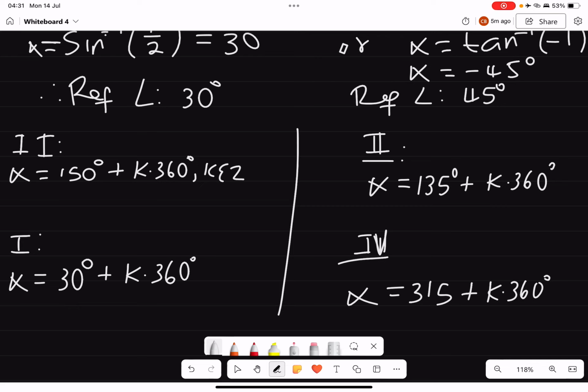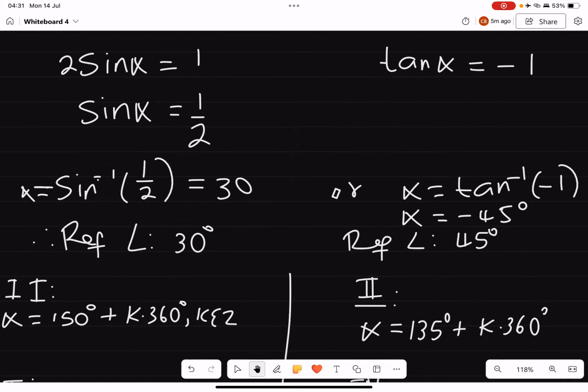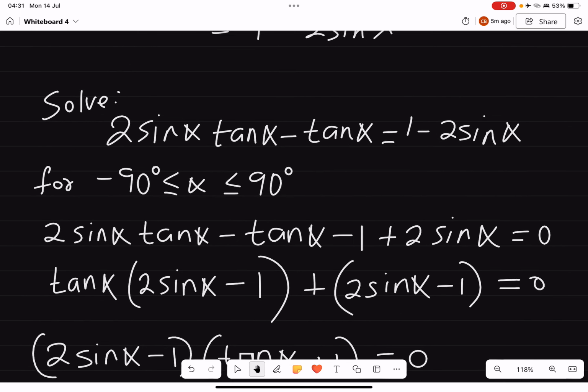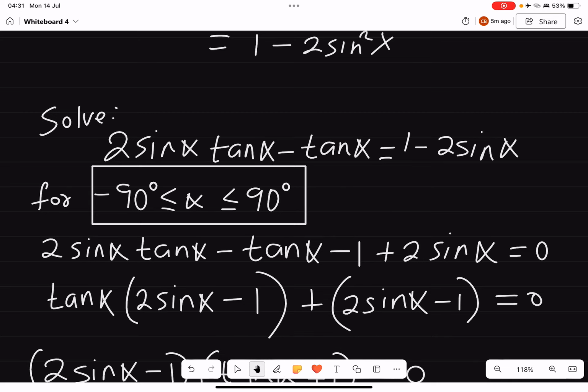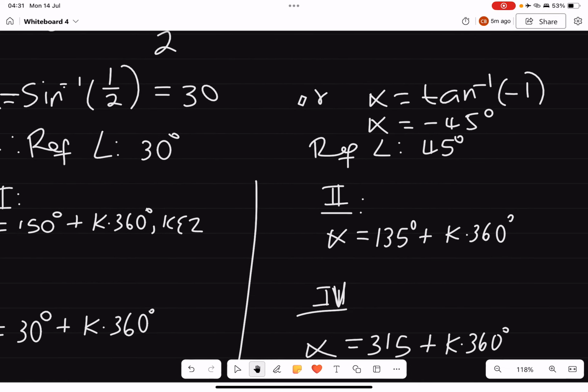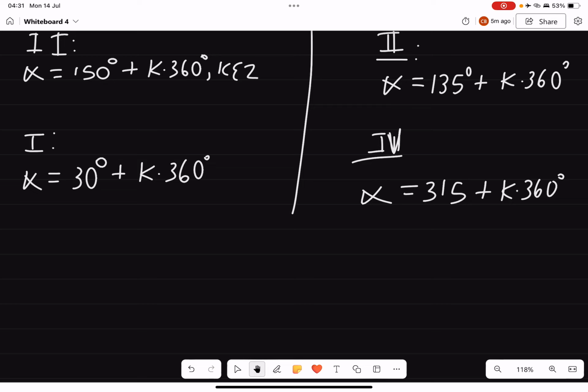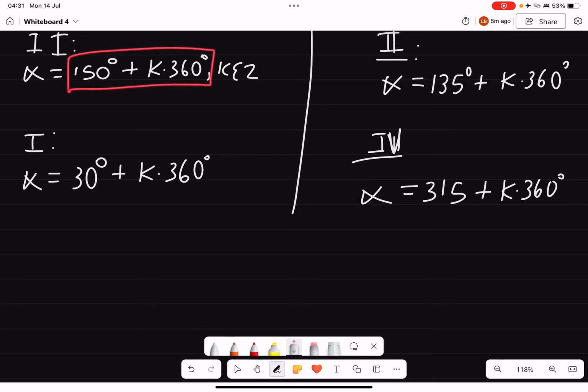Perfect. But we need solutions that are only between negative 90 and 90. So, ladies and gents, this is how you're going to do it. You take your calculator. I'm going to take mine too. Let's type it together: 150 plus 360, open a bracket for the k, and put in random values of k.